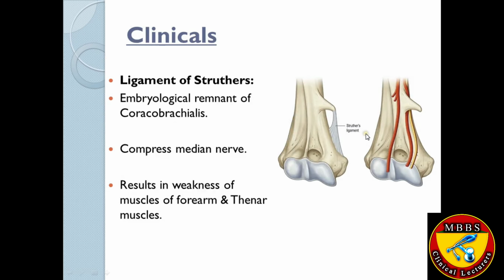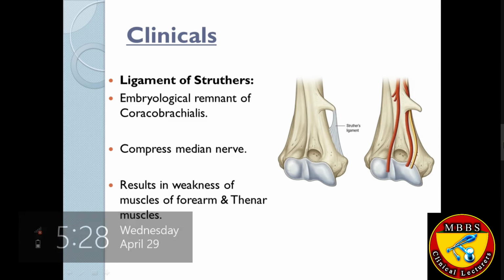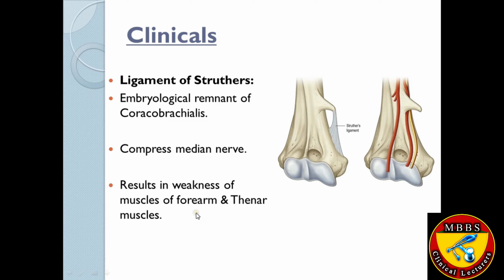Okay, there is a clinical point for the median nerve. Now sometimes there is an embryological remnant of the coracobrachialis. This embryological remnant is called the ligament of Struthers. It compresses the median nerve, and the compression of the median nerve results in weakness of the muscles of the forearm and the thenar muscles which are present in the hand.